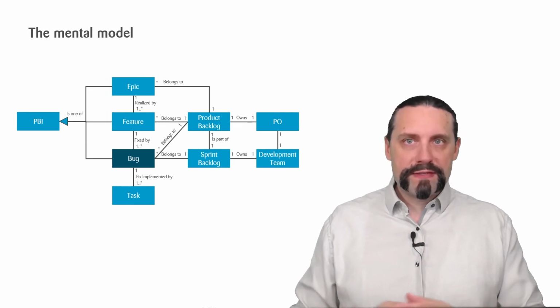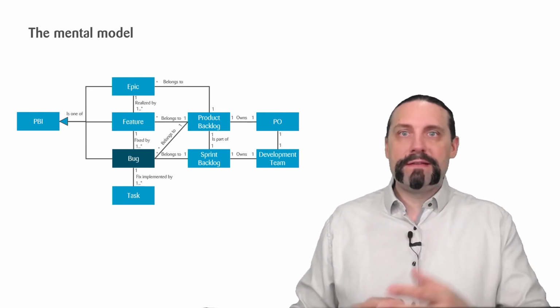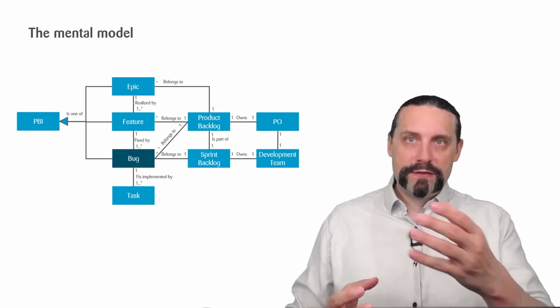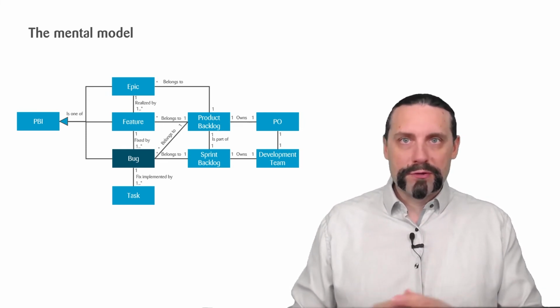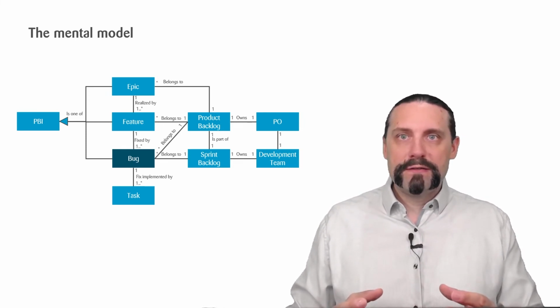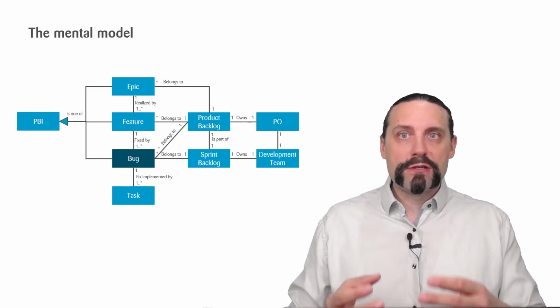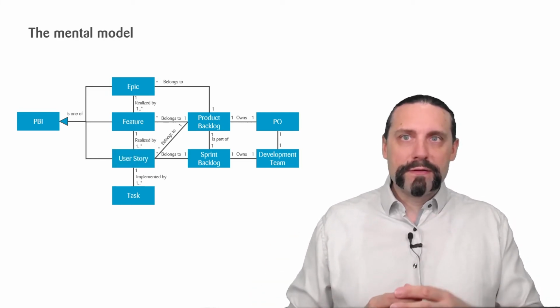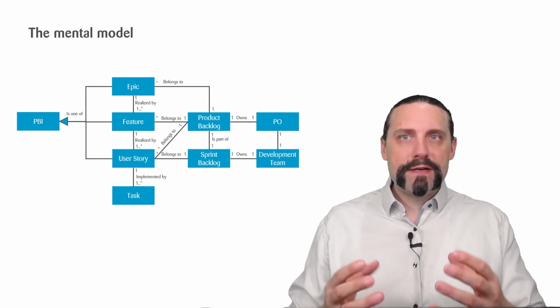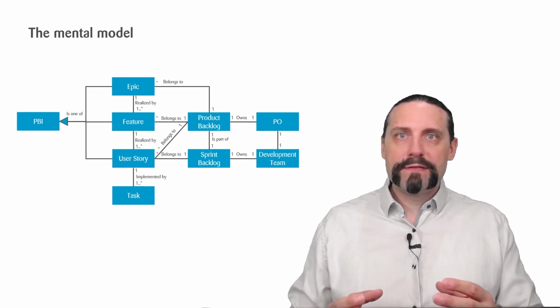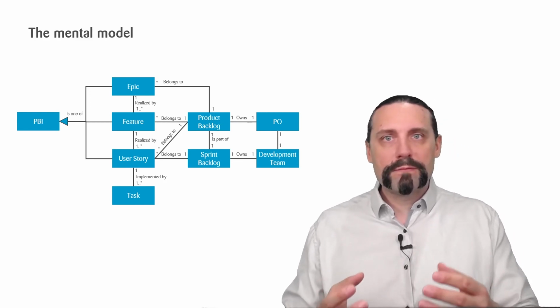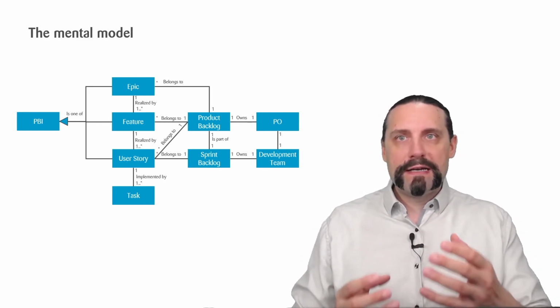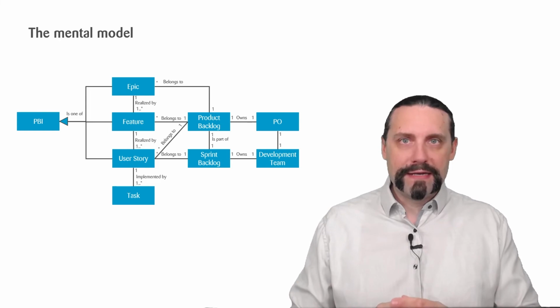Now you can also see why I have not yet added the bug to this mental model, because a bug is only a special user story. With such a mental model in mind, it is very easy to understand the relation between product backlog, sprint backlog, and the product backlog items.